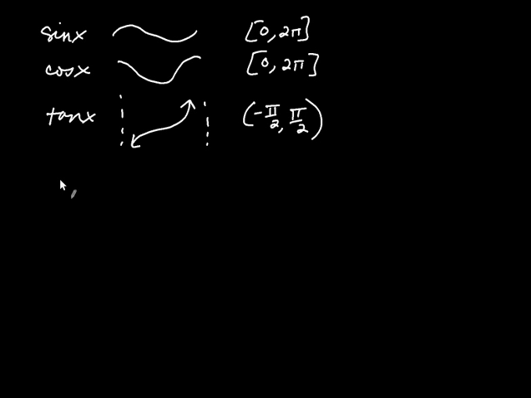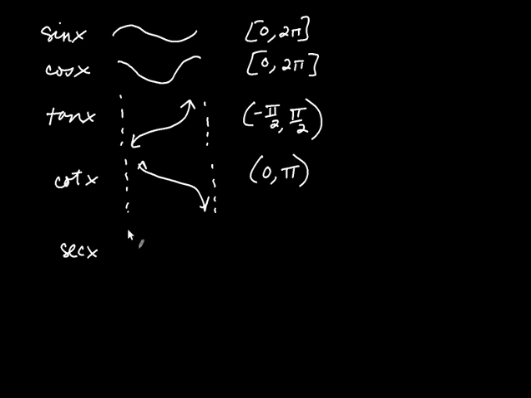The next one will be cotangent. That has an asymptote on the left and an asymptote on the right, and the basic graph looks like this. That's going to be from 0 to pi. Next one will be secant.